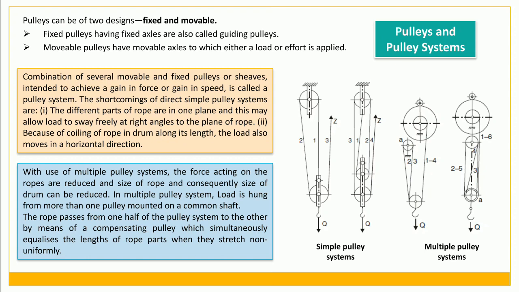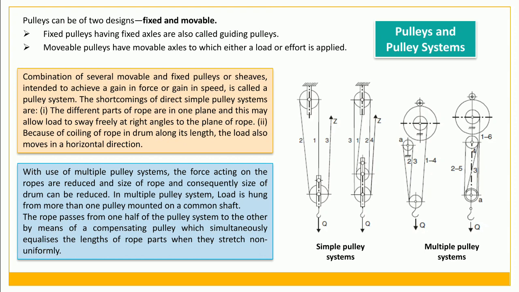Now the movable pulley has a movable axle to which either the load or effort is applied. Accordingly, there are two applications of the movable pulley: firstly for a gain in force, and secondly for a gain in speed. So you can easily see there is a simple pulley system and a multiple pulley system designed over here.